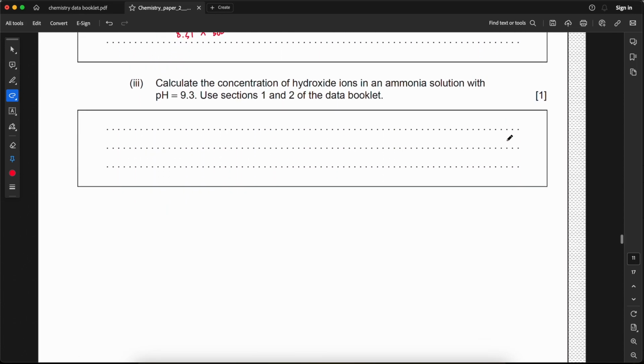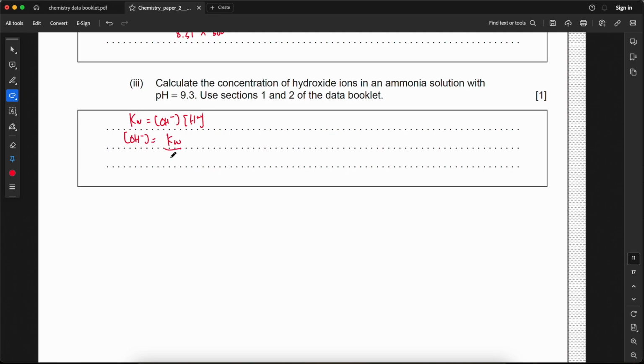Calculate the concentration of hydroxide ion in ammonia solution with pH 9.3. Okay, so water constant is the multiplication of concentration of OH minus and H plus. So this one is 10 to the power negative 14. So we can rewrite the equation.